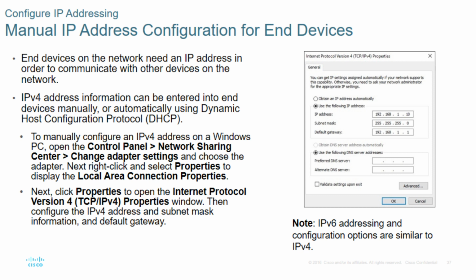To manually configure an IPv4 address on a Windows host, open the Control Panel, then go to Network and Sharing Center, then Change adapter settings and choose the adapter, right? Next, right-click and select Properties to display the Local Area Connection properties.